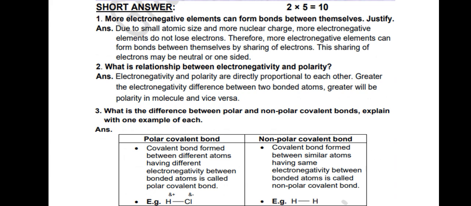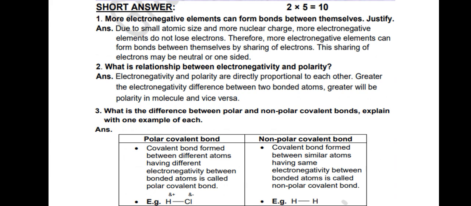Now, what is the relationship between electronegativity and polarity? Greater the difference of electronegativity between the two atoms, greater will be the polarity. Like that, hydrochloric acid is a polar molecule, and similarly, greater the electronegativity difference, greater will be the polarity of the molecule.